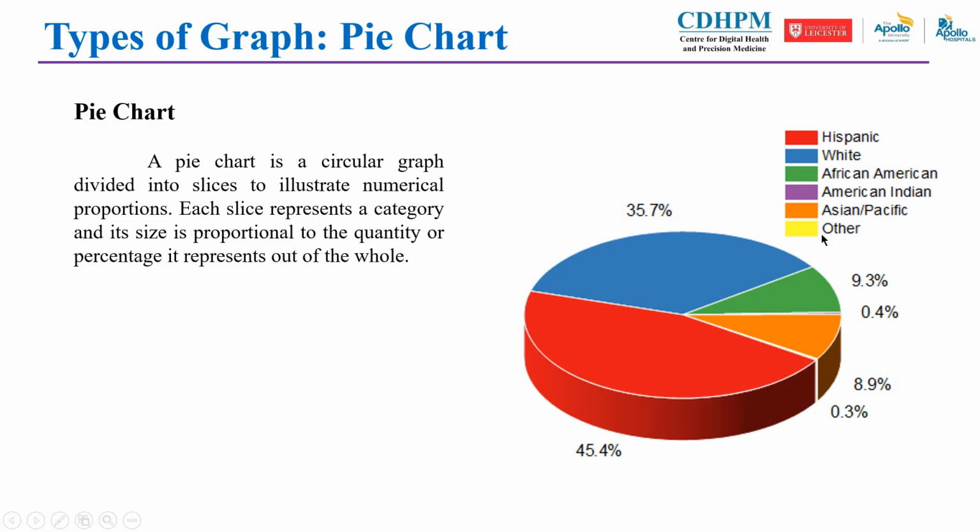These are different categories of the population, and this shows how many participants from each ethnicity have taken part in this particular study. 35% of them are white, 9.3% are African Americans, 45% are of Hispanic origin, etc. So this is a single axis. There is no multiple axis to it, and it is usually a single data series with labels.